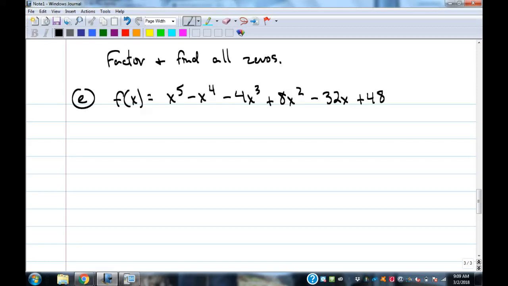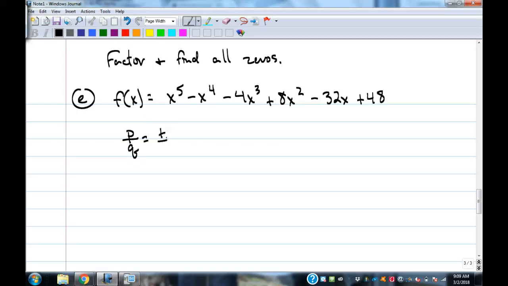So the first thing that we should do to help narrow down the possibilities is what? P over Q. So we need the factors of 48 and the factors of 1. That makes this list easier because if the leading coefficient is 1, it's really just the factors of 48.